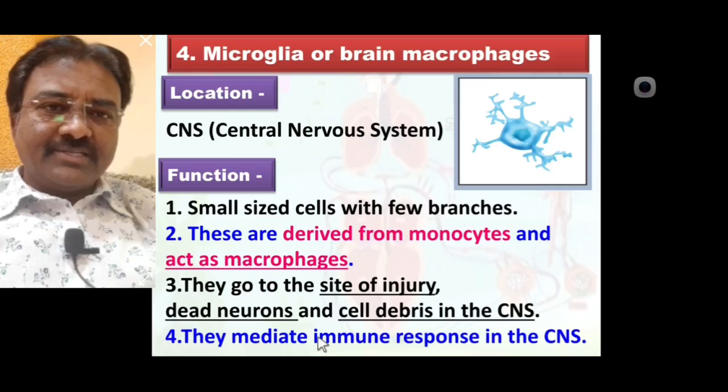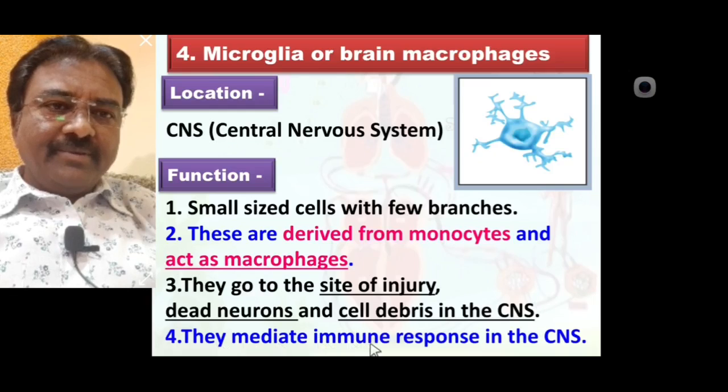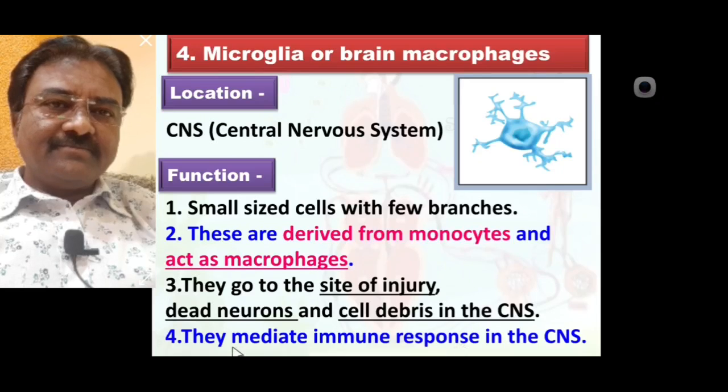Now, fourth function, they mediate immune response in the CNS. Note all these four different functions are actually of microglia or brain macrophages.